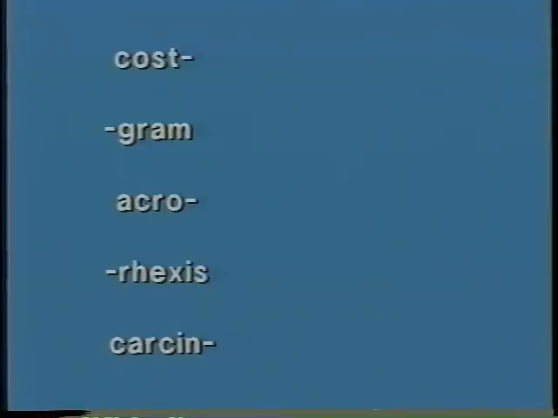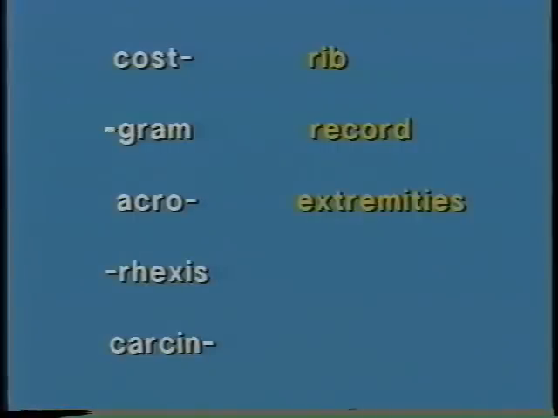Cost, coaster, rib. Gram, graham cracker, record. Acro, acrobat, extremities. Rexus, Rex, break, burst. Carson, car sign, canned cereal, cancer.